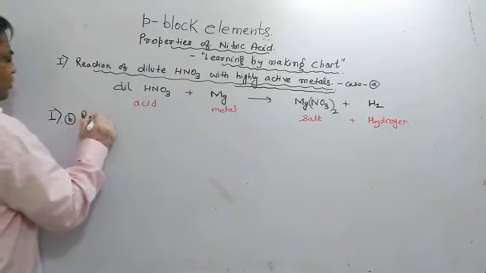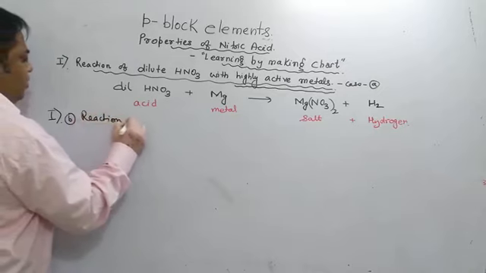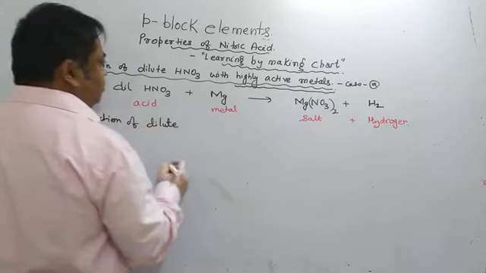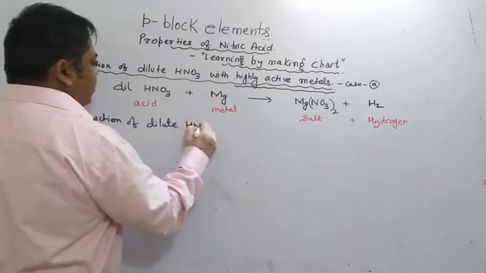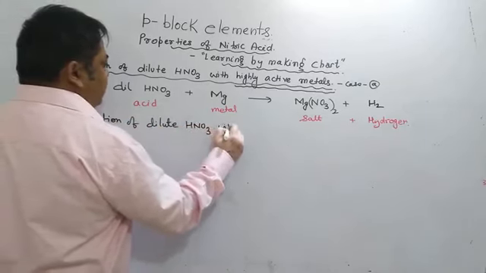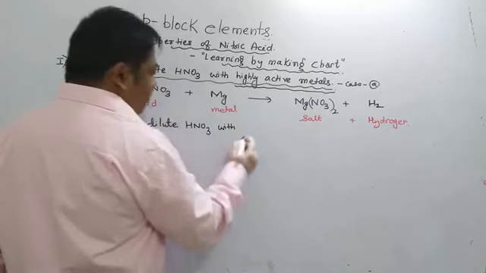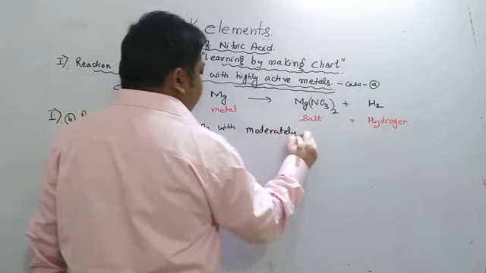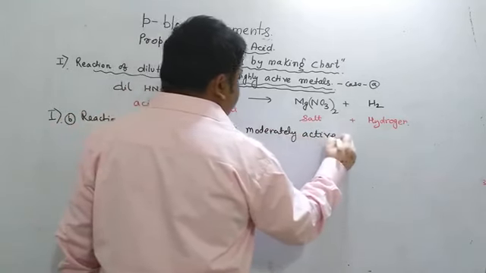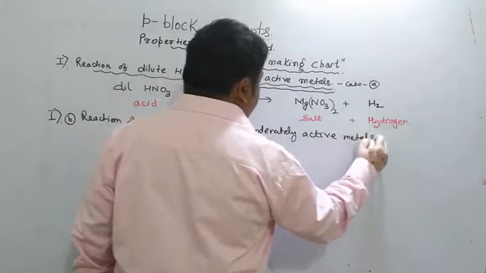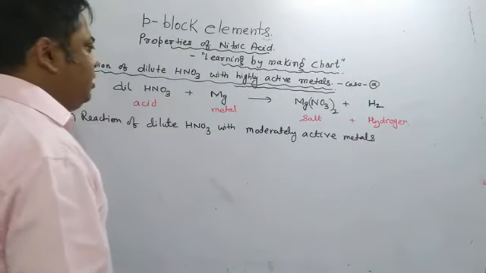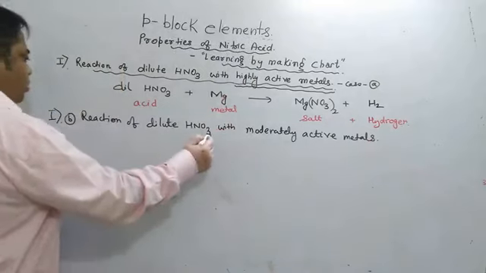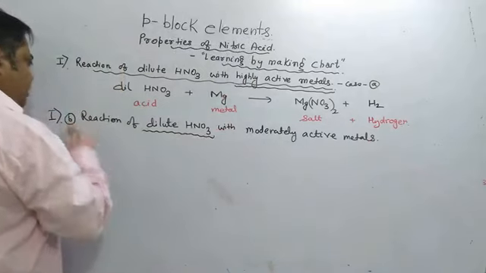That means reaction of dilute HNO3 with moderately active metals like iron, zinc, okay, and keeping HNO3 dilute only, so it will be less oxidizing in nature.